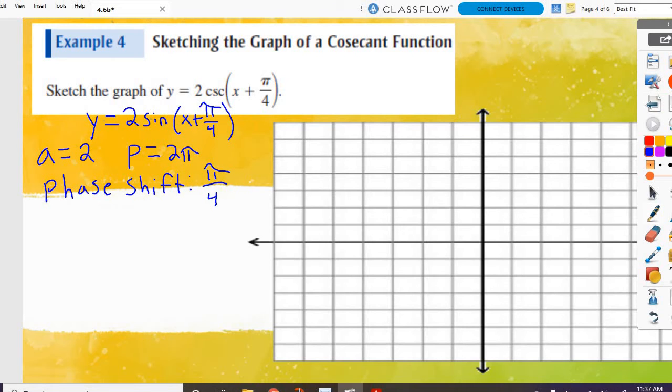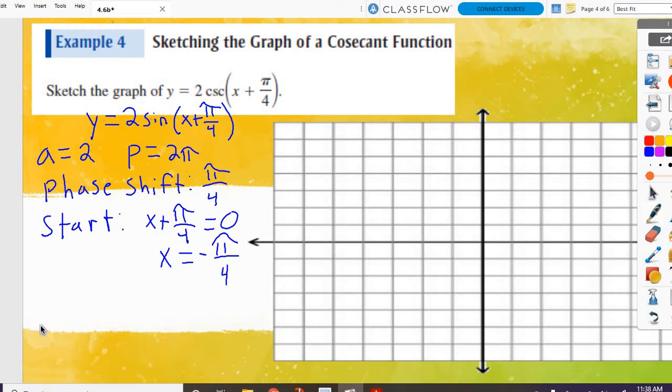So then remember that we can find the starting spot by taking our insides, which in this case is going to be that x plus pi over 4, and we set that equal to wherever we normally start our graph. So for sine, we normally start at 0, so that's what we're going to set this equal to, and then we just solve for x. So notice that we get x equals negative pi over 4.